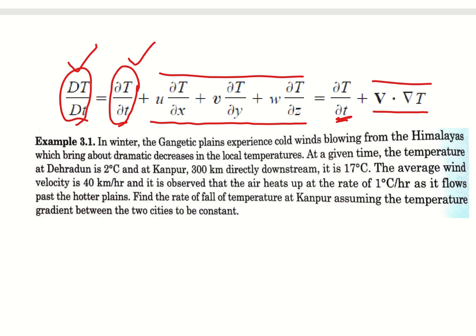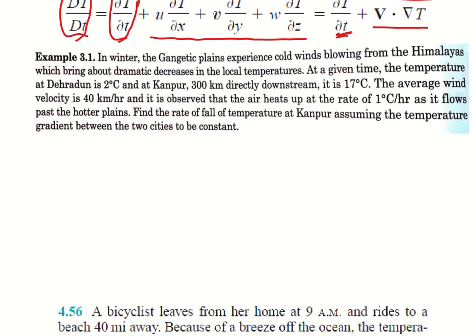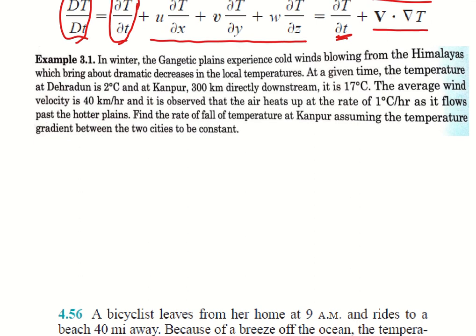Right. Now we will discuss one numerical, and I want to tell you one important thing here. In an exam, if you have a question in which you are asked to explain the total derivative, local derivative and convective derivative, then most of us write it correctly.